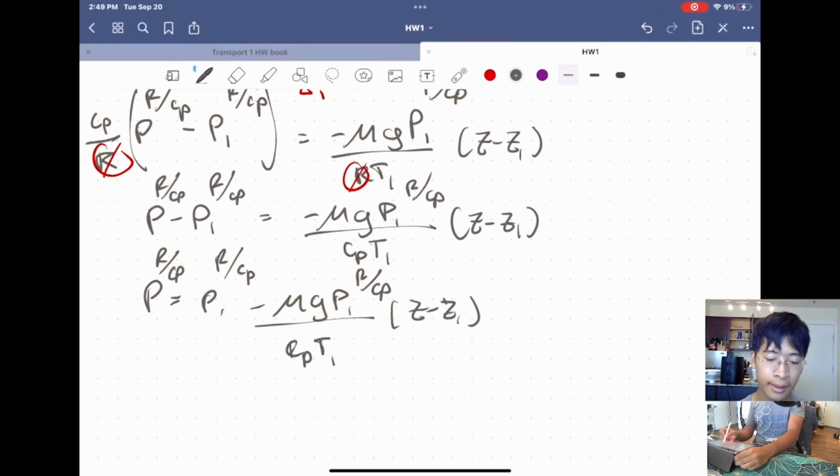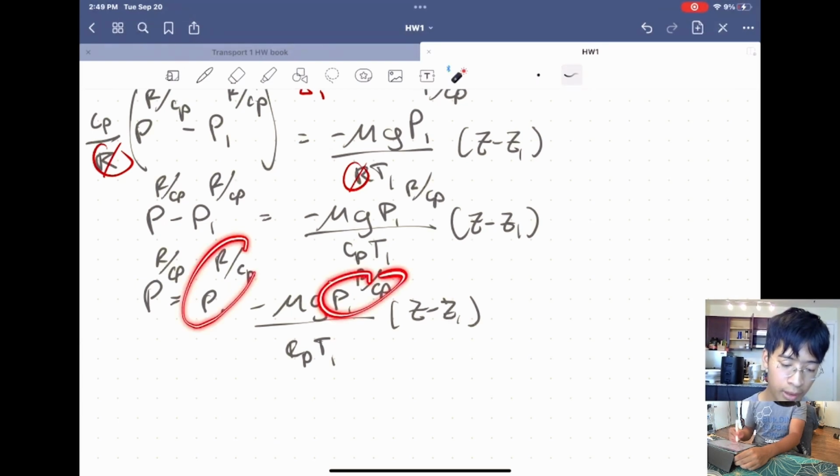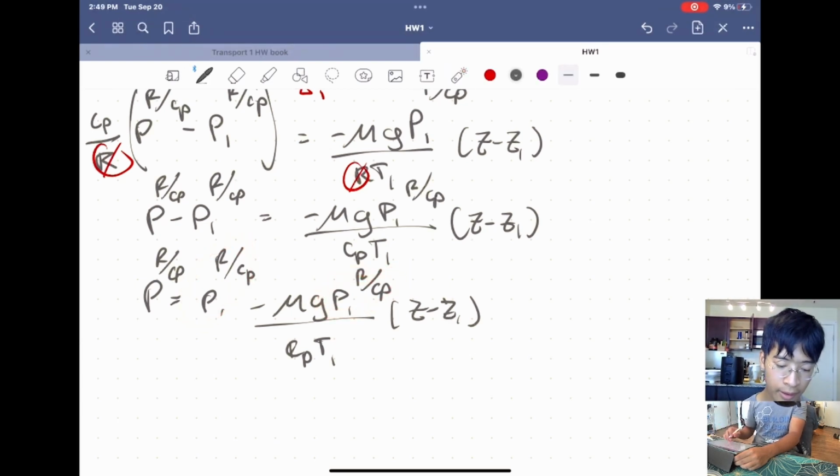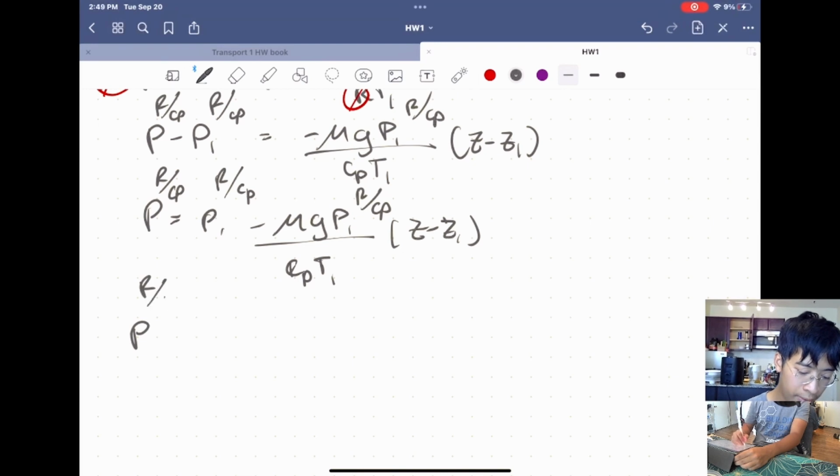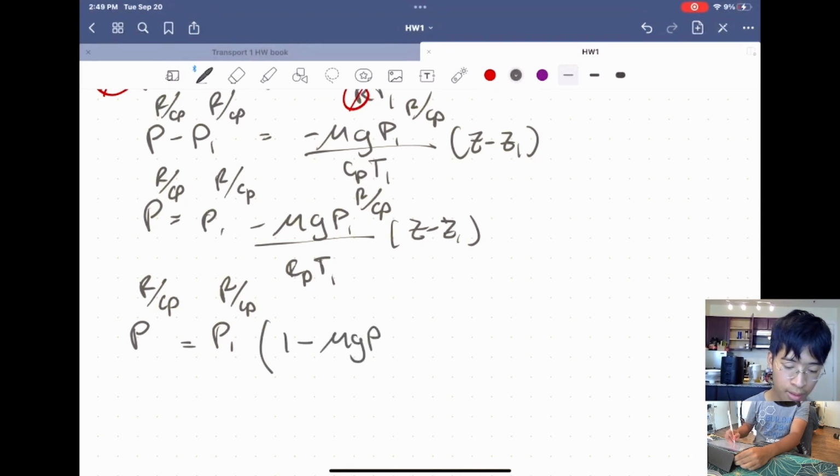And you'll notice that we have like terms here. So we can factor that out. And we have P to the R over Cp equals P1 to the R over Cp times 1 minus molar mass G over heat capacity at constant pressure times known temperature times change in altitude.